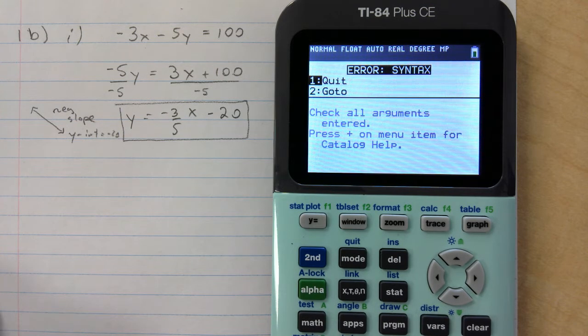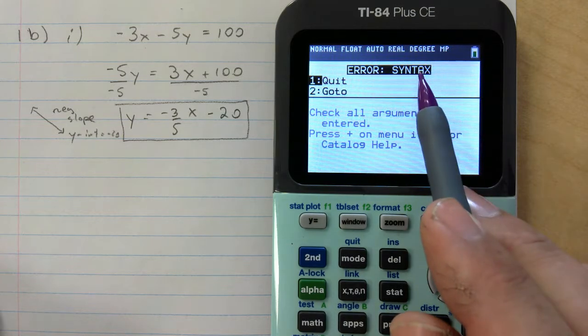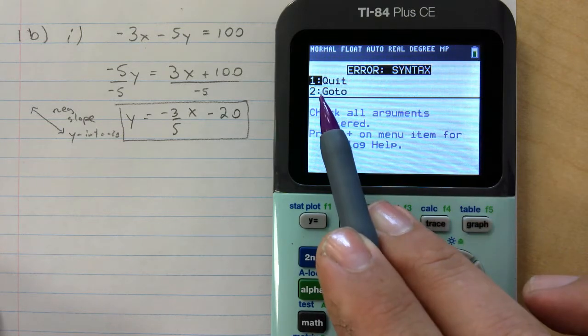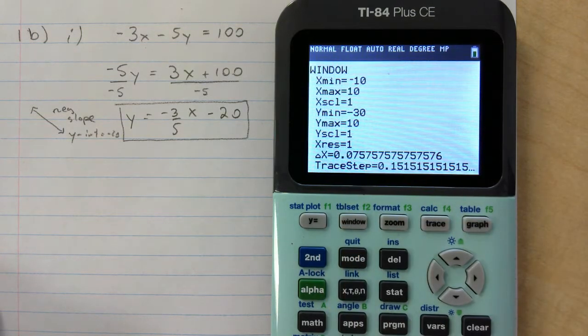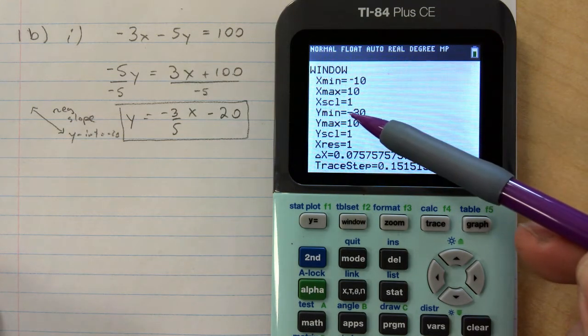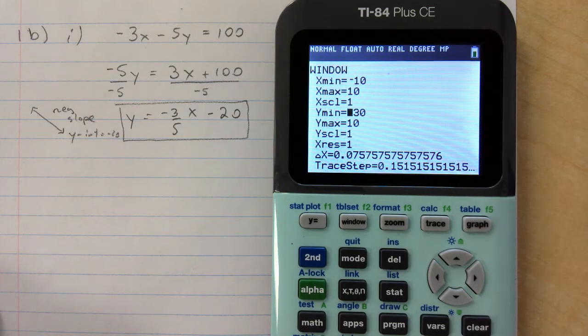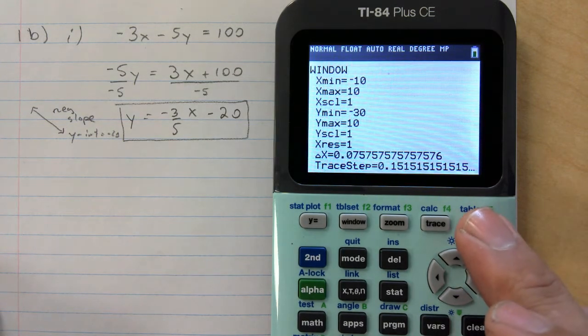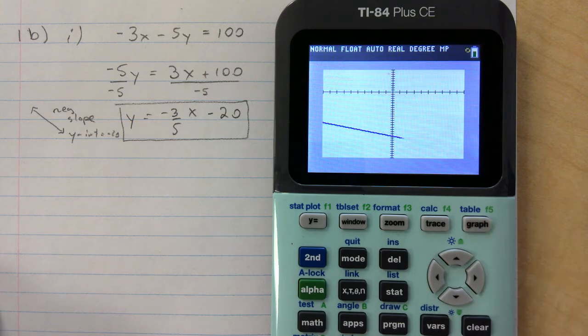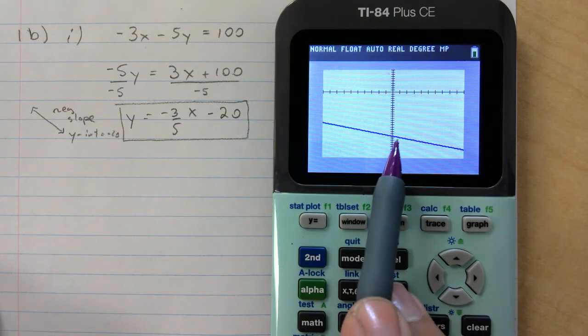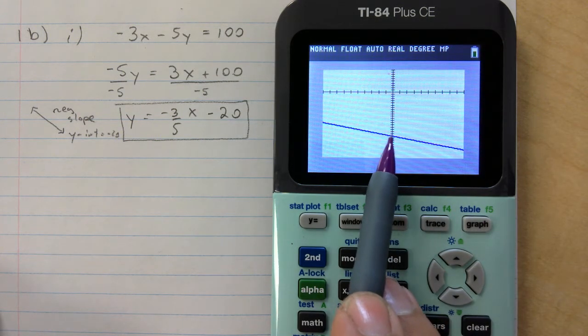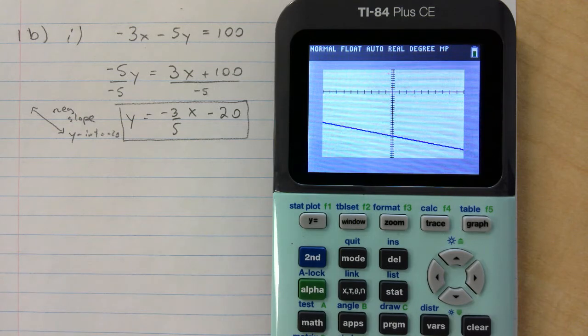Yeah, syntax error, it doesn't like that. I'm gonna press number 2. Usually it tells you what it doesn't like, and it doesn't like the minus. So I'm gonna replace that with a negative. -30, there it is. So y min is -30. I'm not touching anything else. Hit graph. And there it is. So that was our first step.